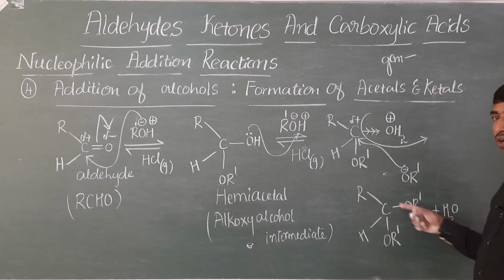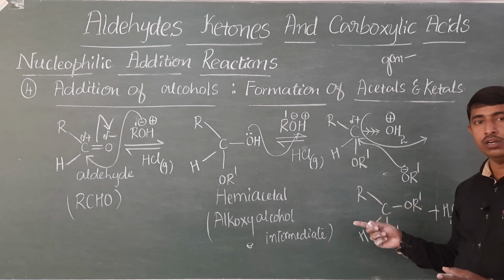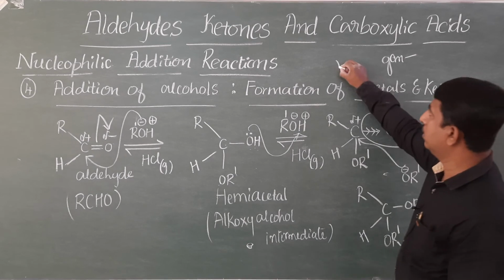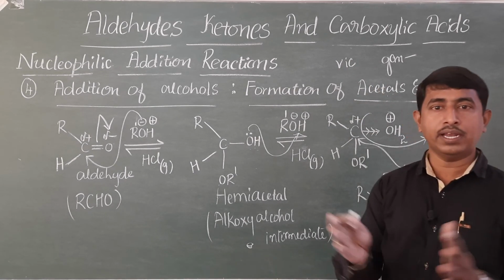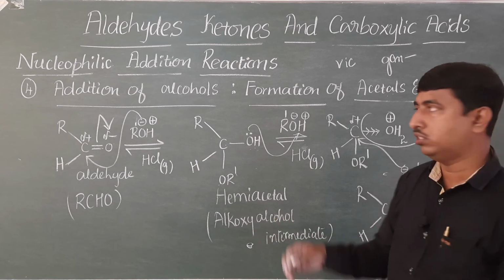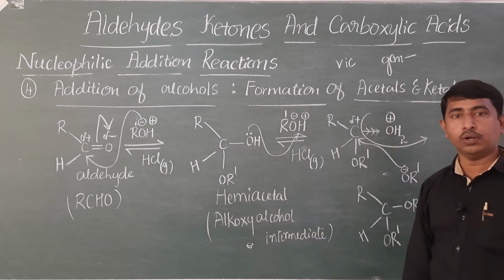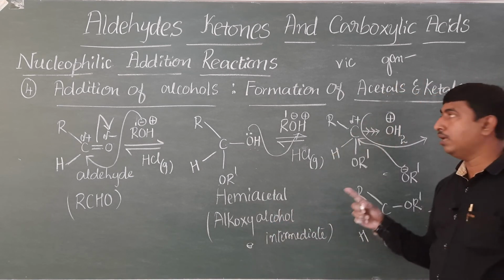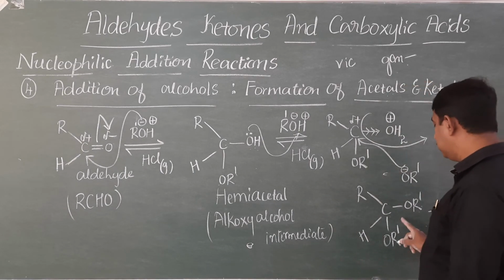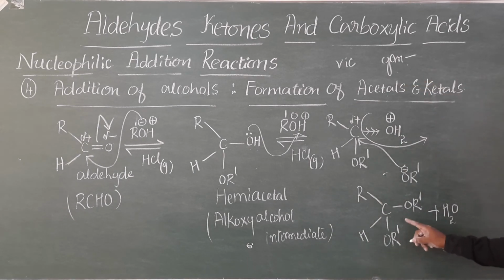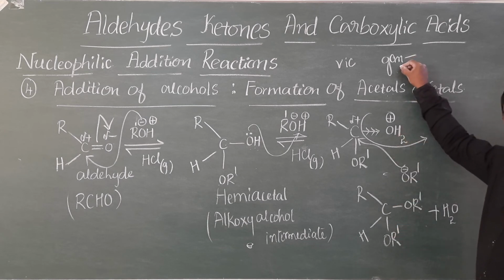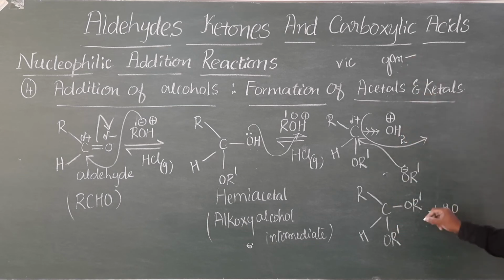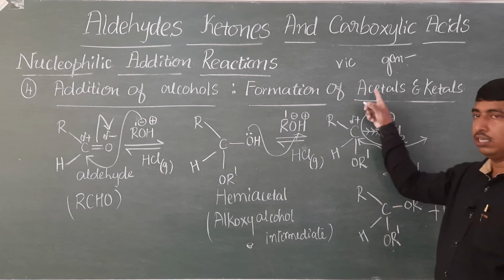If these two alkoxy groups were present on adjacent carbon atoms, then we would call it vicinal. Vicinal means substituent groups present at adjacent positions. Geminal means substituent groups present on the same carbon atom. So this is geminal dialkoxy. A geminal dialkoxy compound is called acetal.